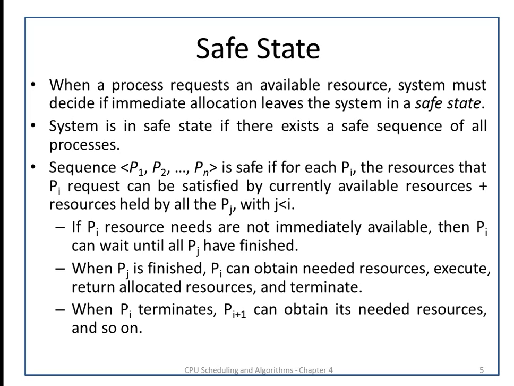Now, before starting the deadlock avoidance algorithm, we will see what is the safe state. When a process requests an available resource, the system must decide if the immediate allocation of that resource leaves the system in a safe state or not.